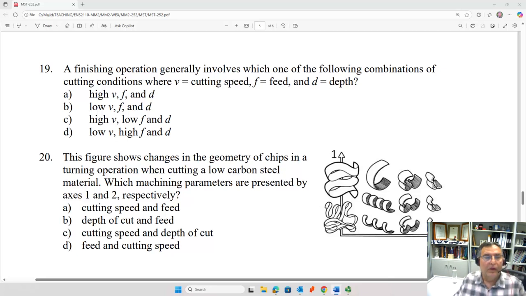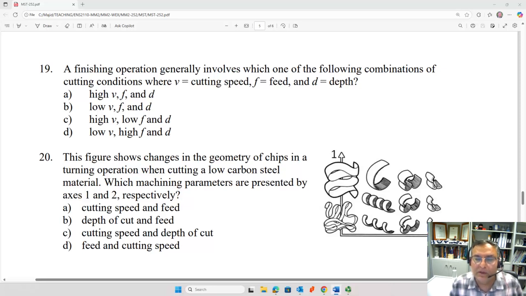Question 20. The figure shows changes in the geometry of chip in a turning operation when cutting a low carbon steel material. Which machining parameters are presented by axes 1 and 2 respectively? Well, in axis 1, as you can see, the width of the chip is increasing as we move from bottom to top.